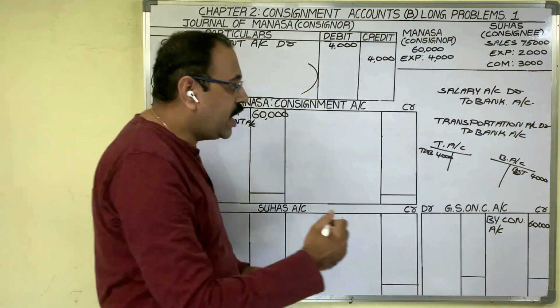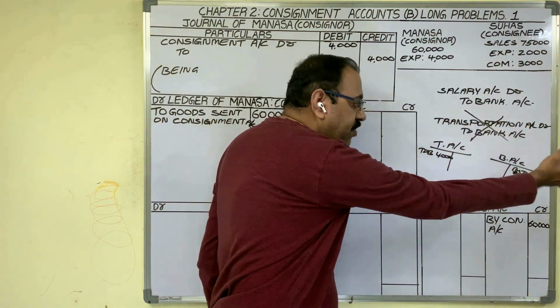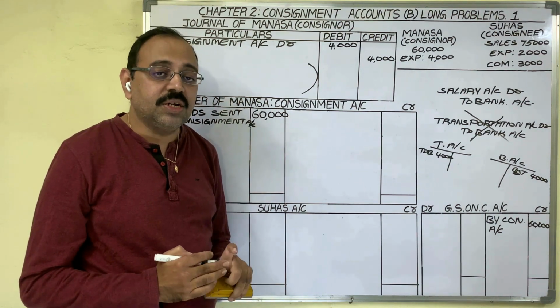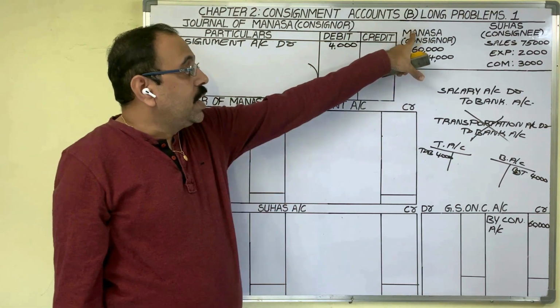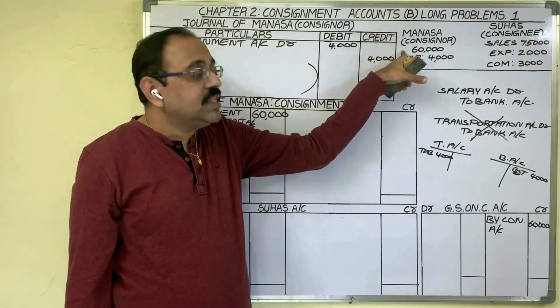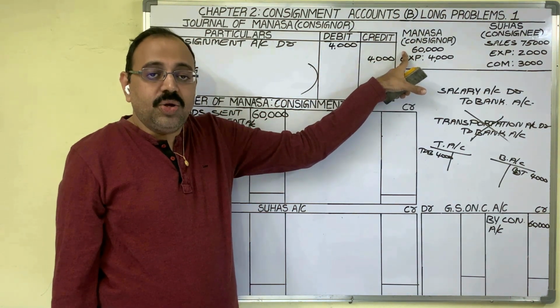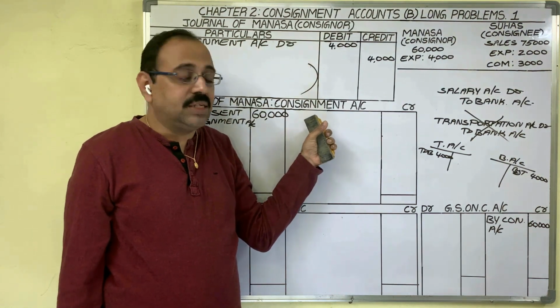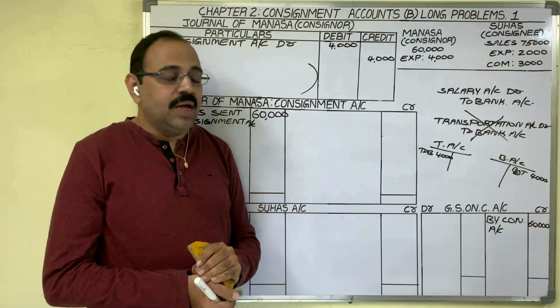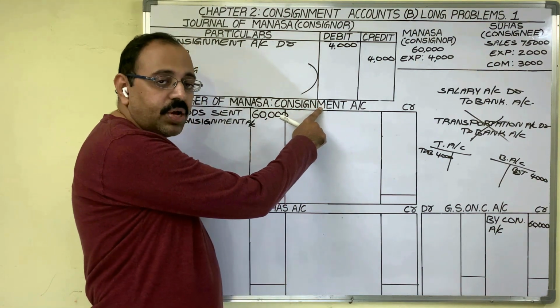So, don't write this first year journal entry. Then, how do you have to analyze this transaction? Manasa is spending 4,000 rupees on consignment business. So, for consignment business, this 4,000 is an expenditure. Consignment account is a nominal account now.